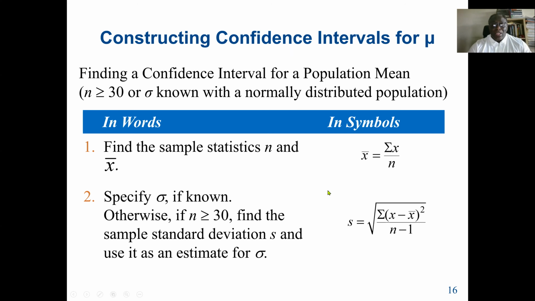Otherwise, if n is greater than or equal to 30, then we should find the sample standard deviation s and use it as an estimate for the standard deviation. So s is the square root of the sum of each value in the set minus the mean, squared. Since it's a sample, we divide by n minus 1.